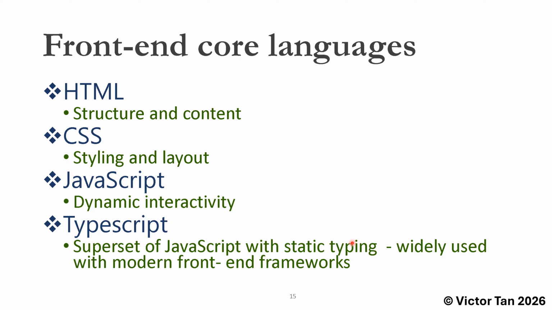It was a dynamically typed language. But because of a variety of problems with dynamic typing, later versions of JavaScript, of which TypeScript is the classic example, now utilize static typing. And most modern front-end frameworks, including Angular, use TypeScript.